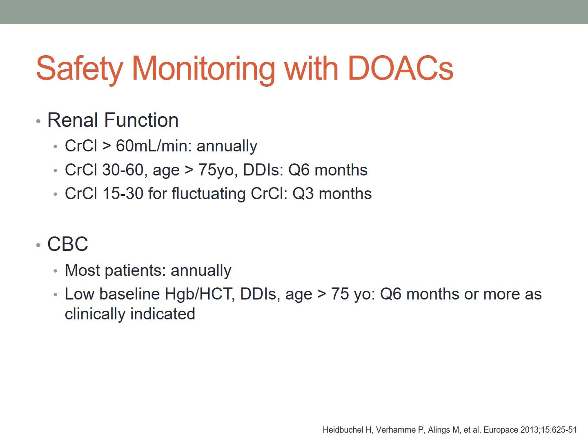If they're older, if they have drug-drug interactions or fluctuating creatinine clearance or just a baseline decrease in their renal function, you should check their serum creatinine more often. Also, we want to monitor CBC for these patients. Most patients, we can just do this annually. However, in our older patients, patients with low baseline H&H or drug-drug interactions, we need to monitor that CBC more, just to make sure we don't see any signs of bleeding.